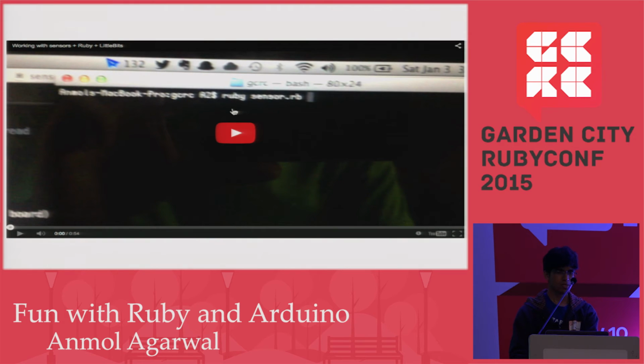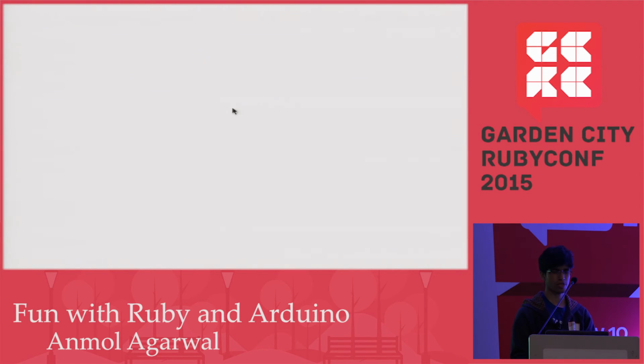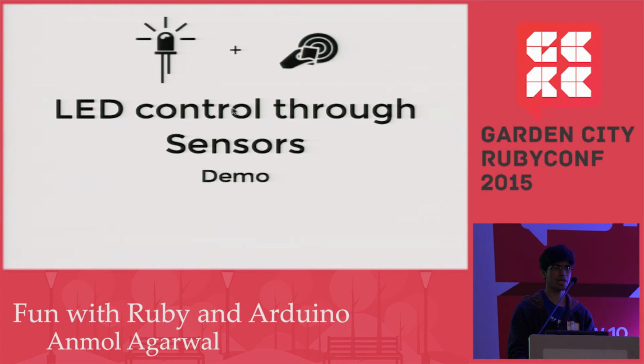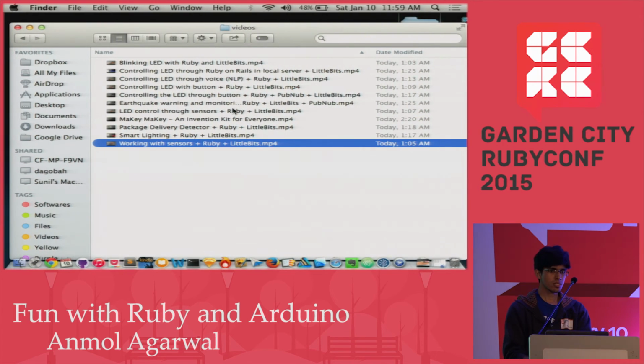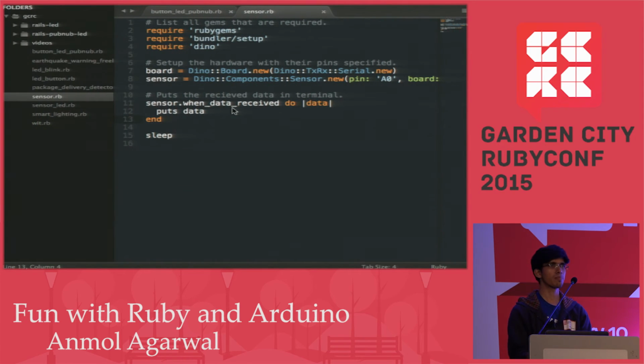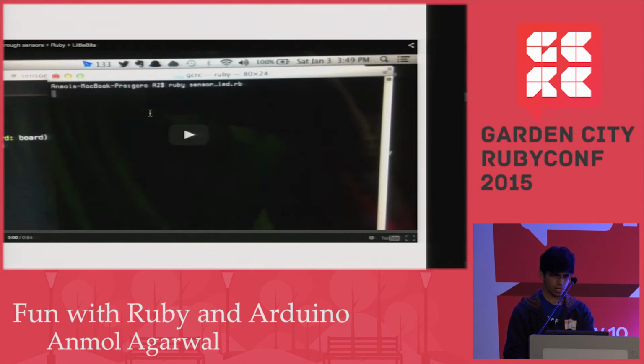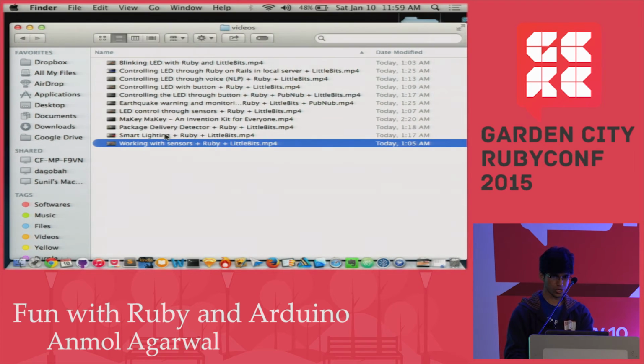So that is cool. Now, how could we connect the input to the output? So for that, let's try to control the LED through sensors. Again, this is a very simple example. Now we combine the LED control of the button, but instead of the button, we just put the sensor. So I think I'll just directly go into the demo of it.